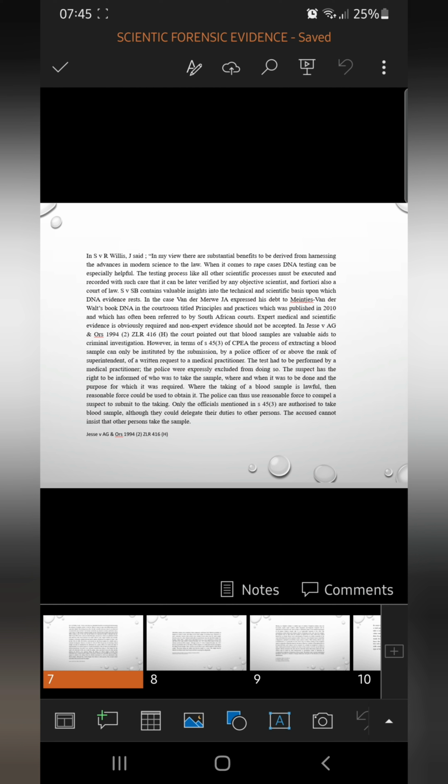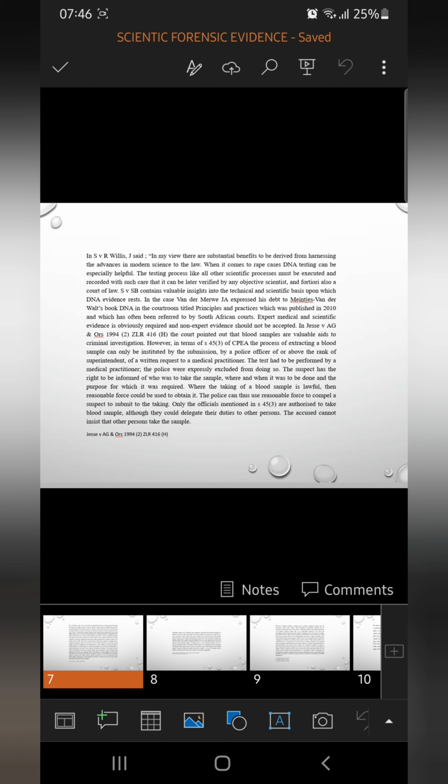S versus SB, a court of law, contains valuable insights into the technical and scientific basis upon which DNA evidence rests.